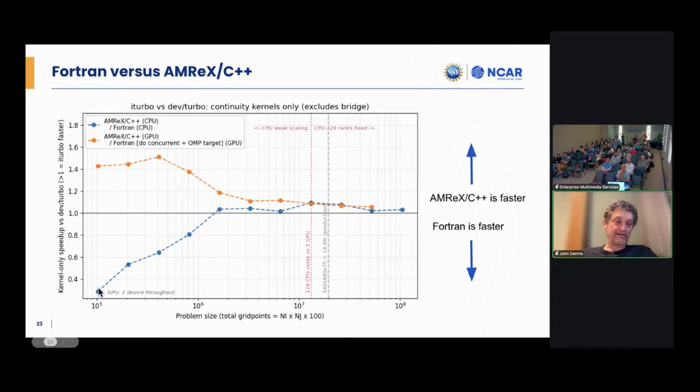It's slower than the Fortran on the CPU only with really small problem sizes, but nobody's going to run over here. So this was a great result, because we were not expecting this to be faster. Where you run in production, this is 10%, 15% faster. So it's not huge, but every little bit is nice.